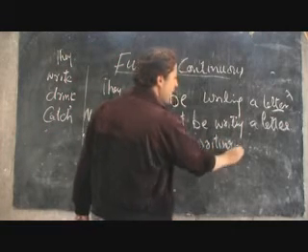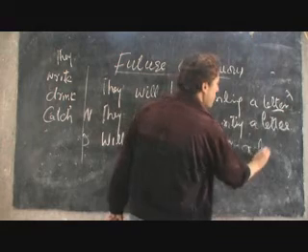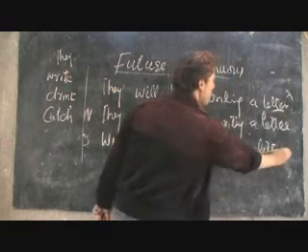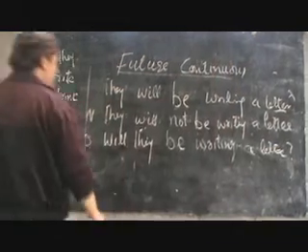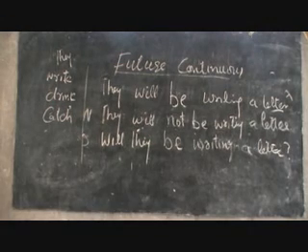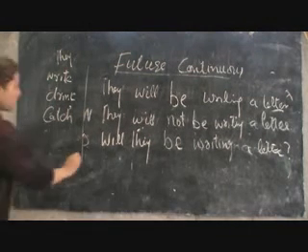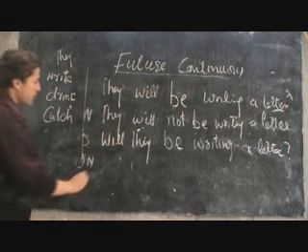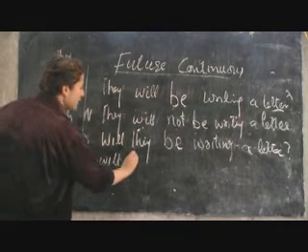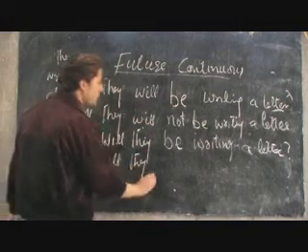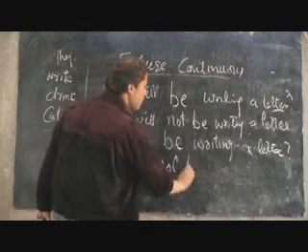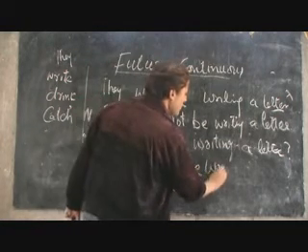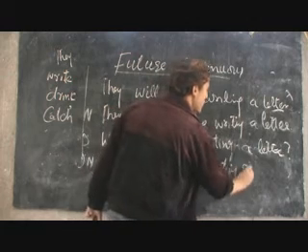So it's followed by a punctuation mark. So the last one is interrogative negative. So for the interrogative negative, we'll say, will they not be writing a letter? It's also followed by the interrogative mark there.